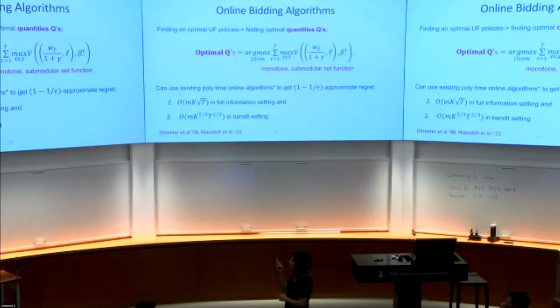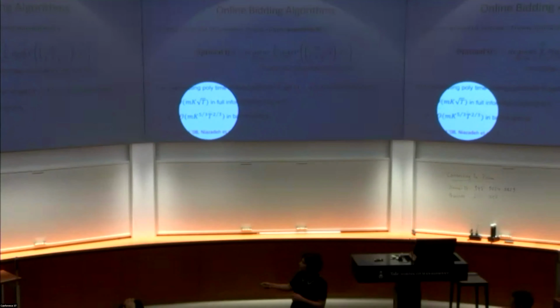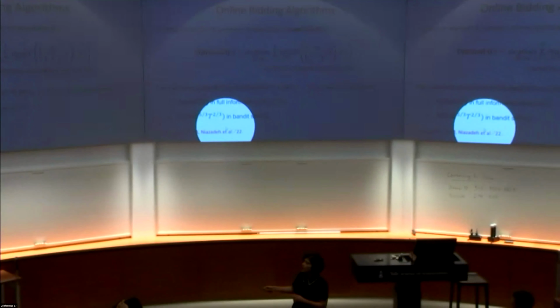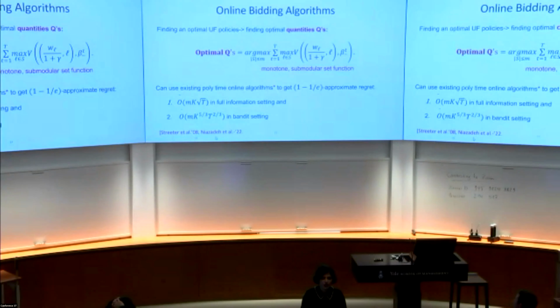I have a recent paper that designs online learning algorithms for monotone submodular functions, but there is also earlier work. Online submodular maximization is just one side product of more general results. For the full information setting, you get sublinear regret of square root of T, and for the bandit setting, you get regret on the order of T to the power of.